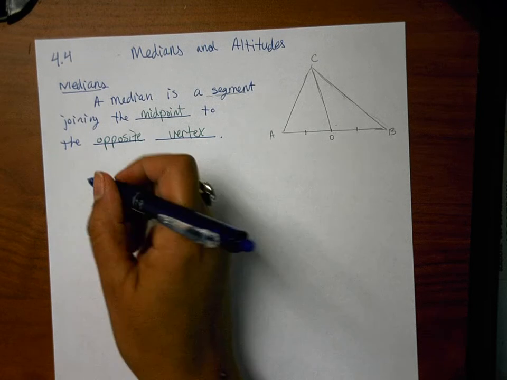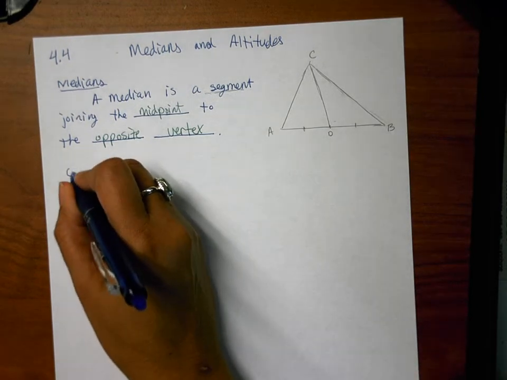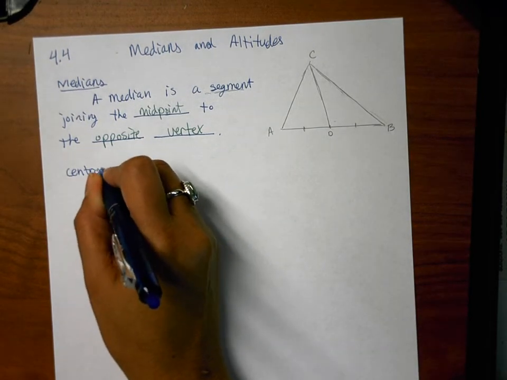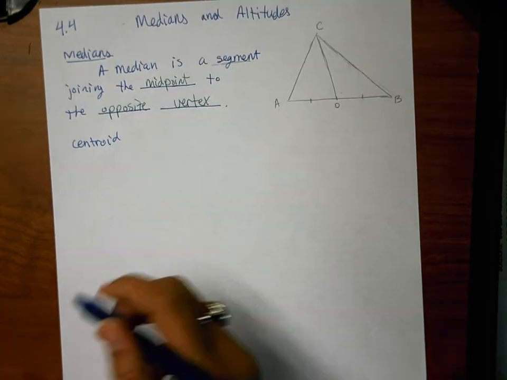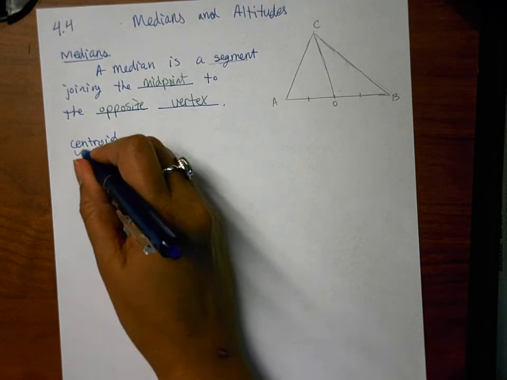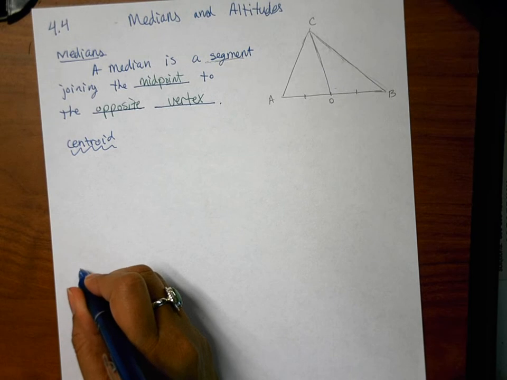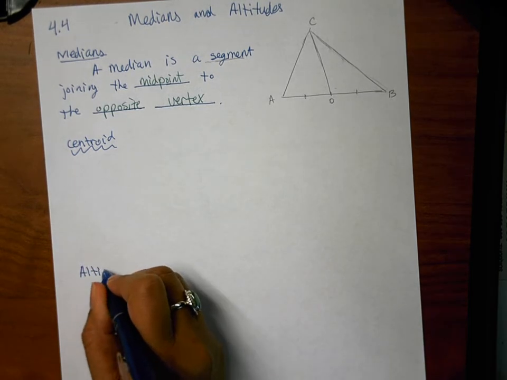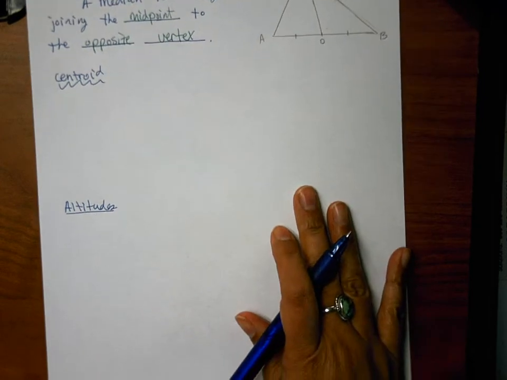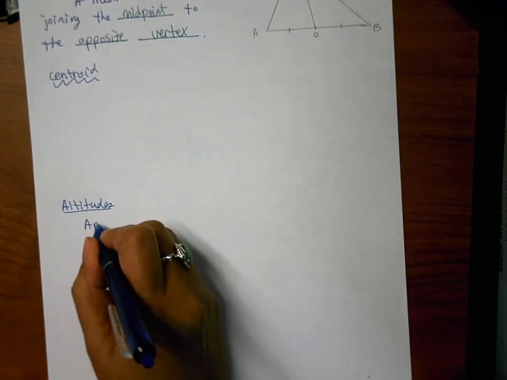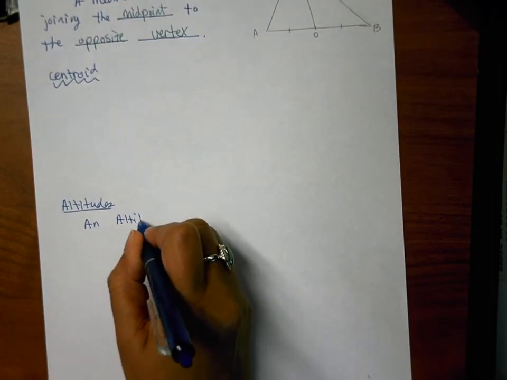All right, I'm going to leave a space in here because we are going to write one more definition. I'll just write at least the word centroid, and I'm going to draw another triangle about that size. But for now, I'm going to jump down to altitude. What are the altitudes of a triangle?